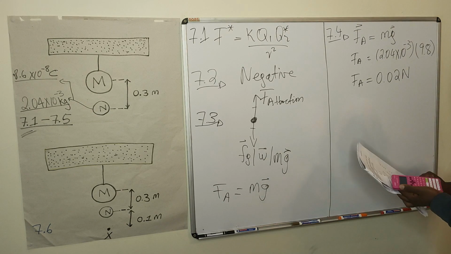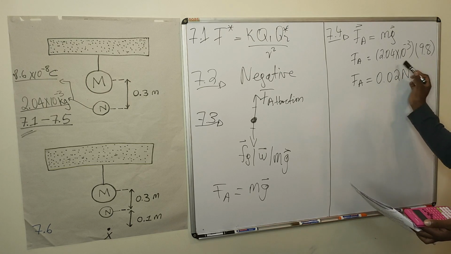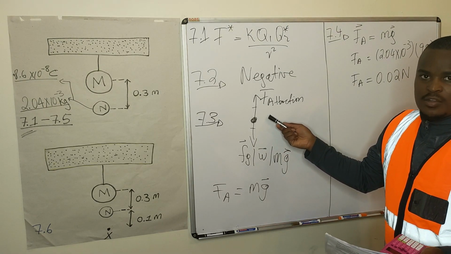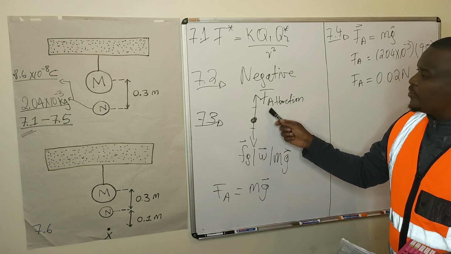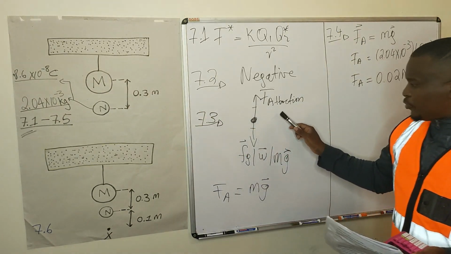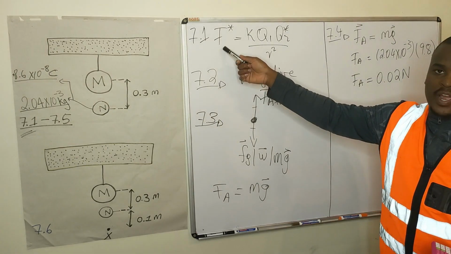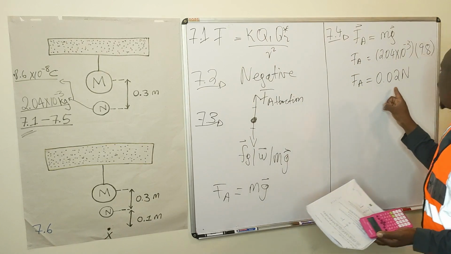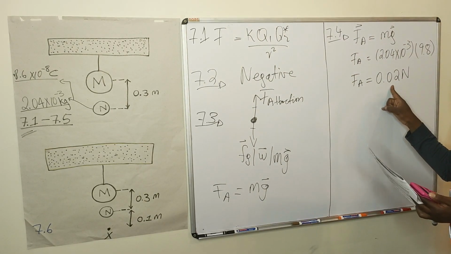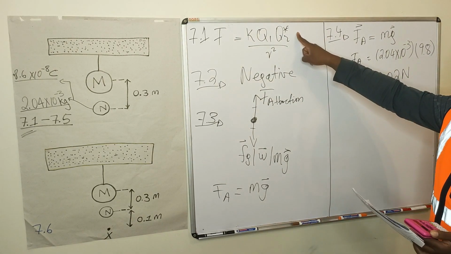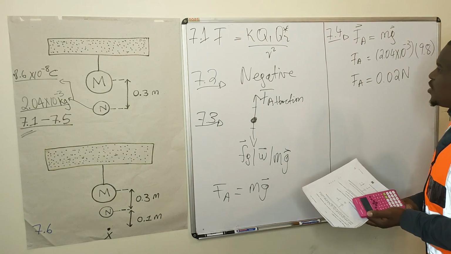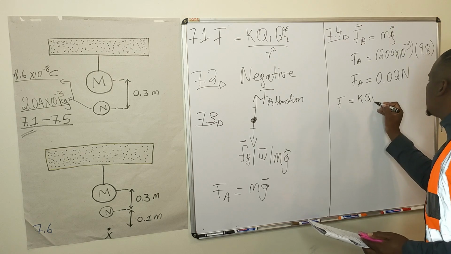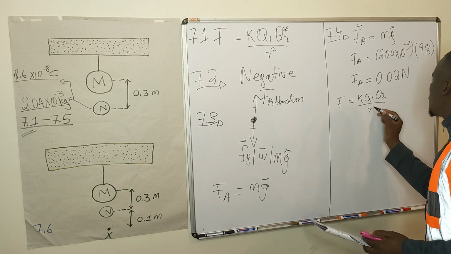So this is the weight of our sphere, which is also equal to the force of attraction between the two. And that force of attraction between the two is our electrostatic force. So now we do have the electrostatic force to be 0.02. The only thing that we are missing is the charge, which we can calculate. We say F is equal to kQ1Q2 all over r squared.